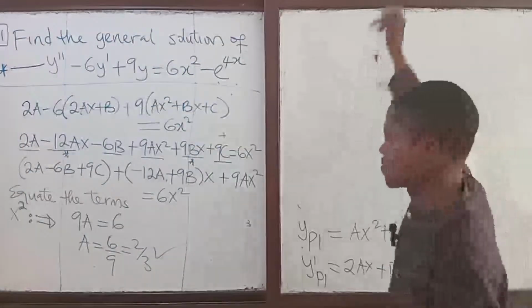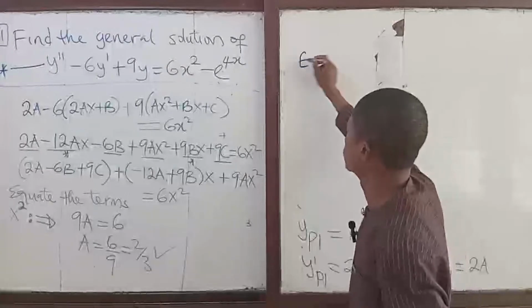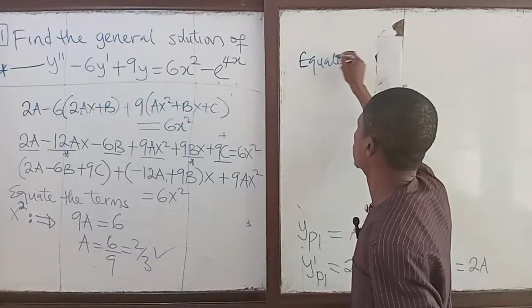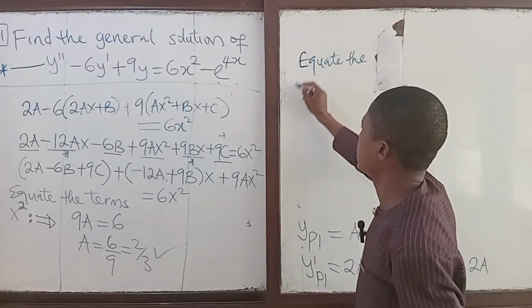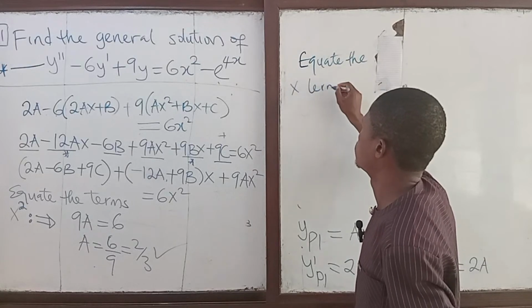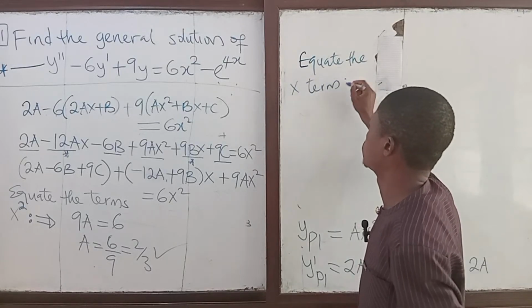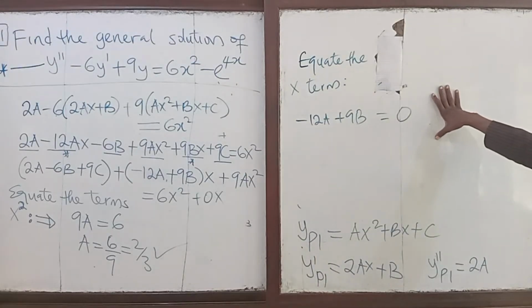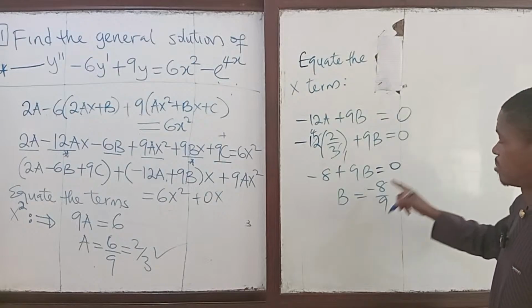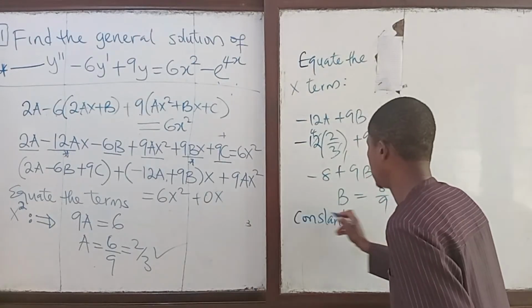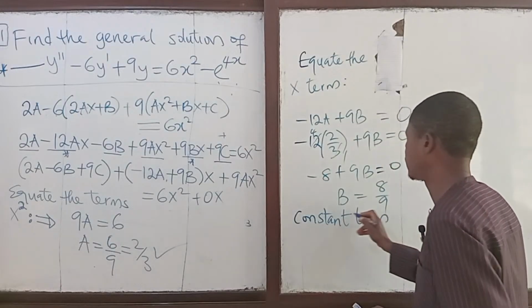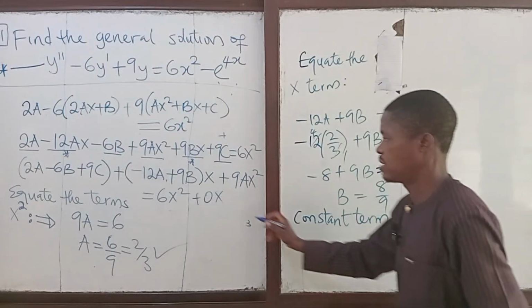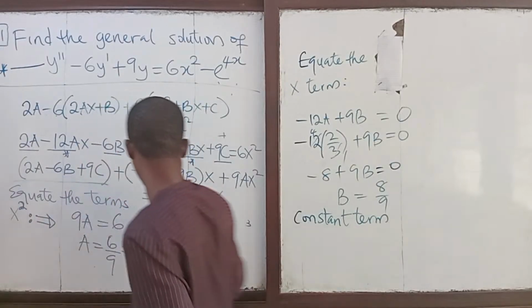Then the coefficient of x here, minus 12a. Move the minus a to the other side. Then the constant terms, which is 2a, is here. That's the constant terms. We don't have it on the right.